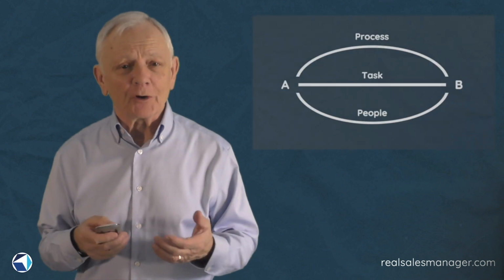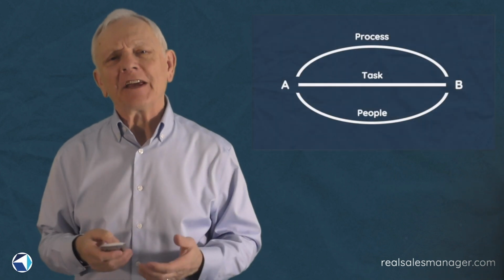Before getting involved in the task of creating the plan, let's go back to the hamburger model and think about process and people. In terms of process, again, you may be bound by some company guidelines as to when plans need to be put in place, but whatever, best practice is to set yourself a deadline for when you want it complete.